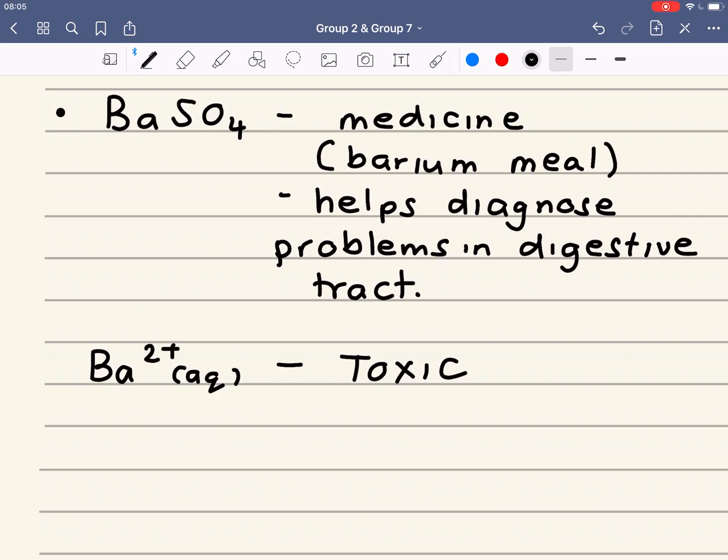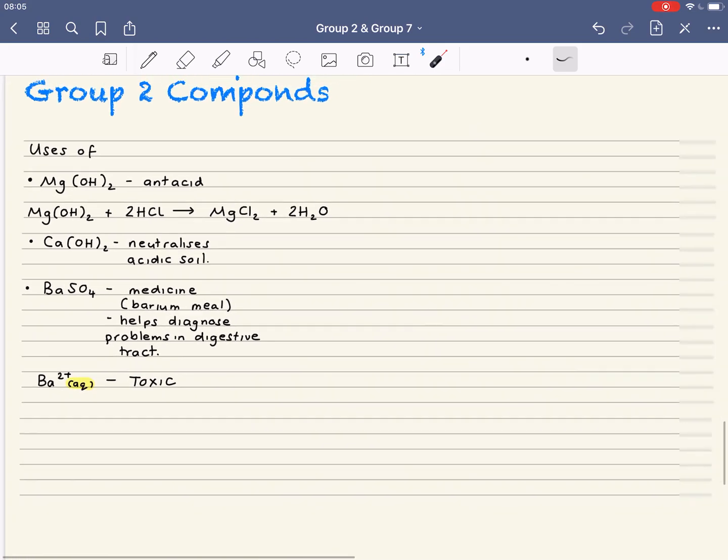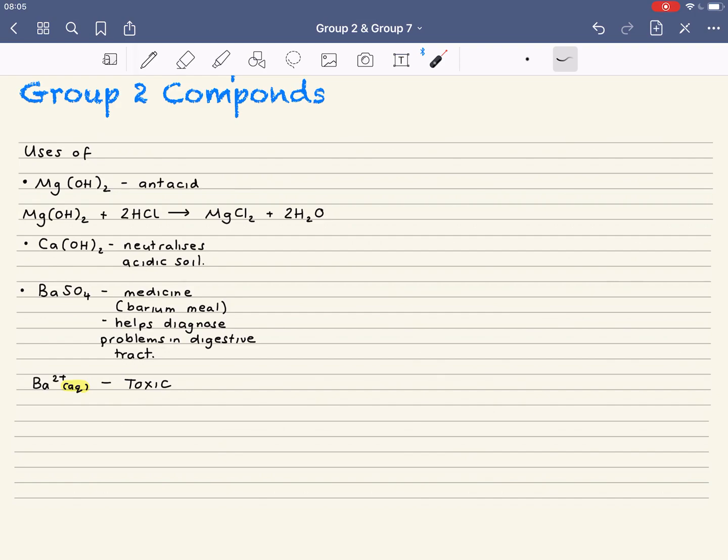The issue is that barium sulfate only has a very, very tiny amount of barium ions in solution because it's so insoluble, so it's not an issue for taking barium sulfate in medicine because it has such a low concentration of these soluble aqueous barium ions. So that's some of the quick uses of some of the group 2 compounds.